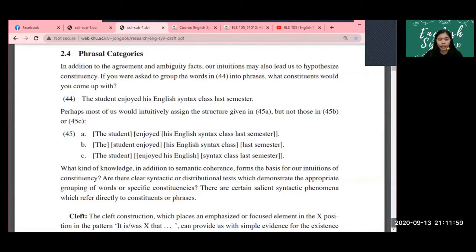Within that one phrase we can also identify a constituent, English syntax class last semester. What do we mean by phrasal? A phrase, a constituent, means it has a single, complete, independent thought in it. That's why we call it a constituent or a phrase.